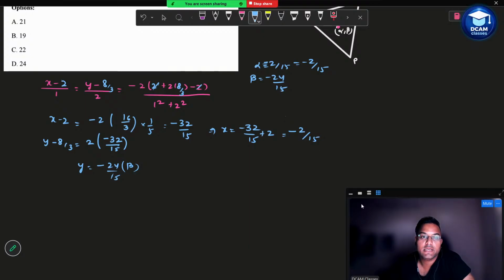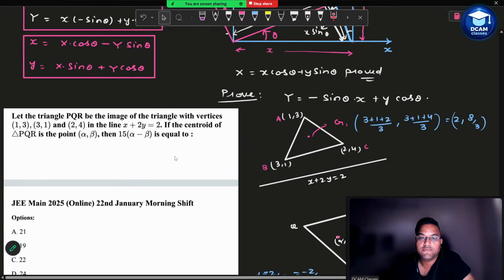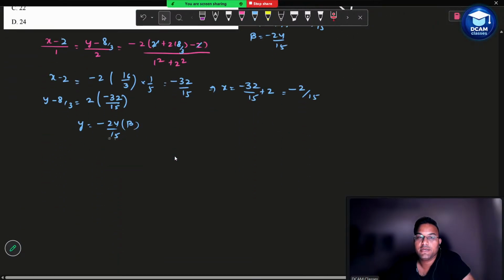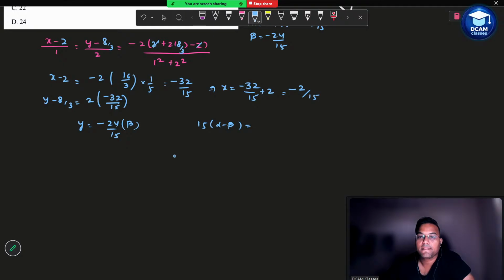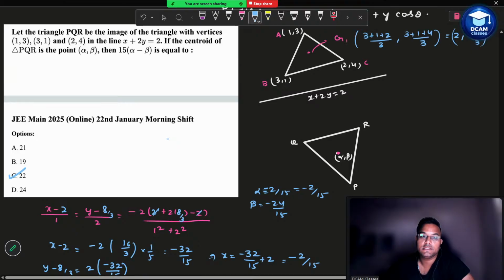Now they are asking 15 into alpha minus beta, so 15 into minus 2 by 15 plus 24 by 15, which is 22. It was asked in 2025, but it was easy, not a tough one.